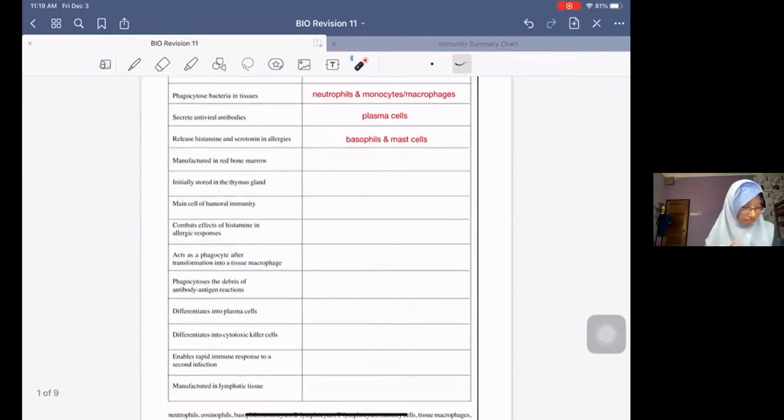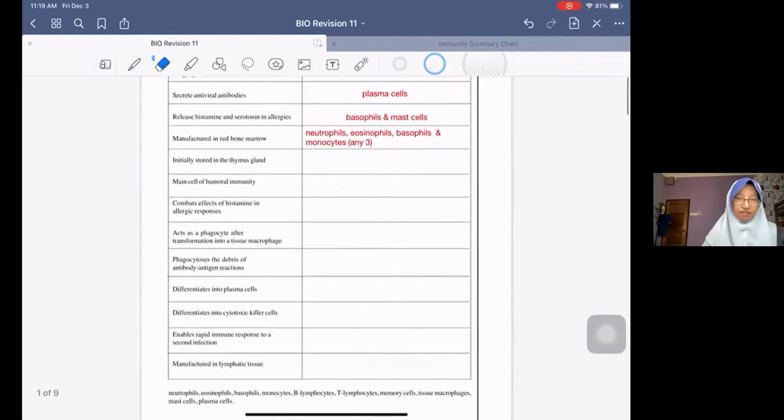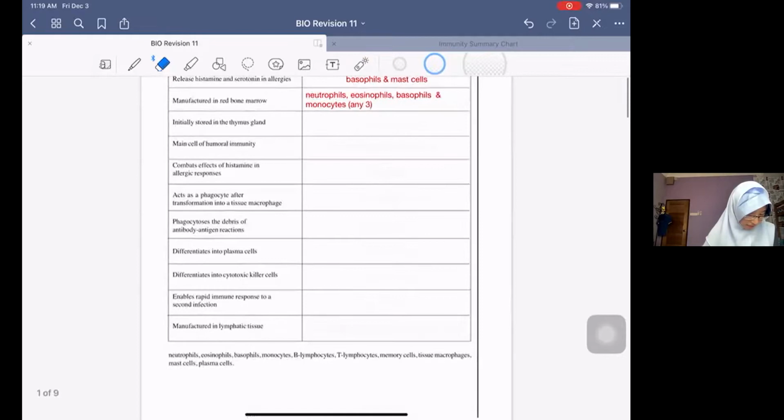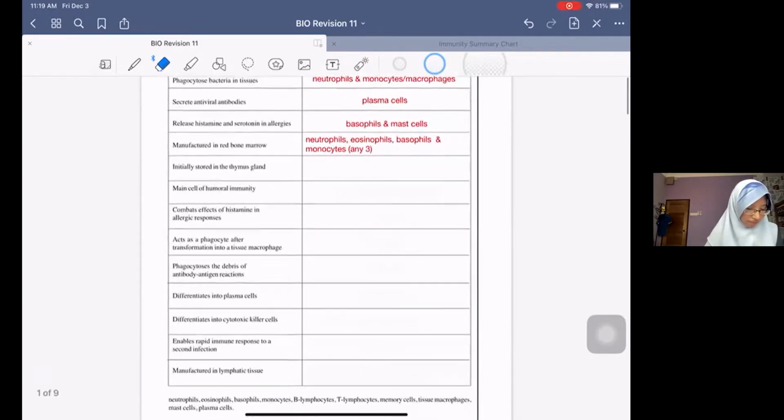Actually, all your answers are correct, because all white blood cells are made in the bone marrow. So yes, all of them. You can just choose any three. T lymphocytes are made in the bone marrow, though they don't write it here, and they mature in the thymus. But still, they're all made in the red bone marrow.